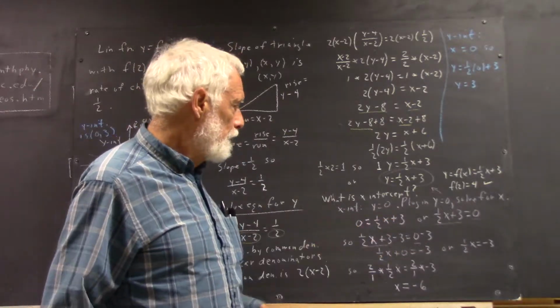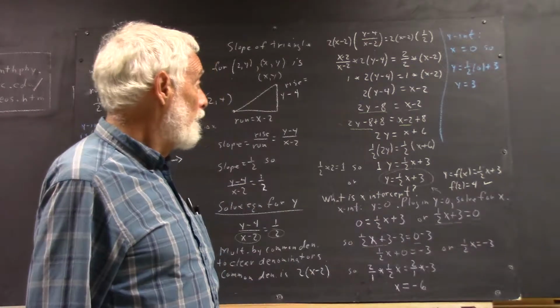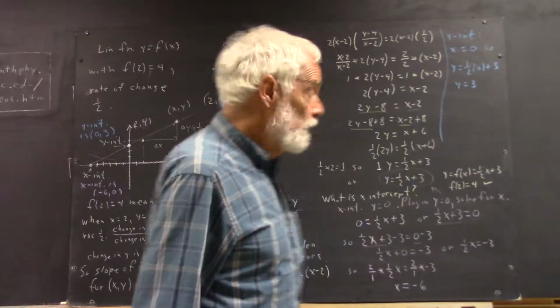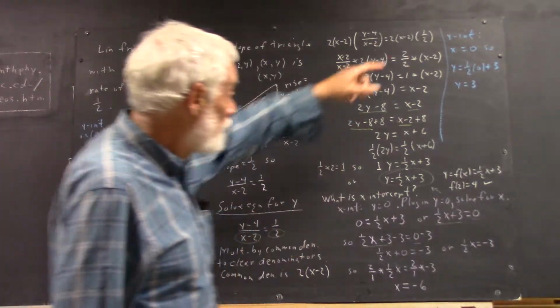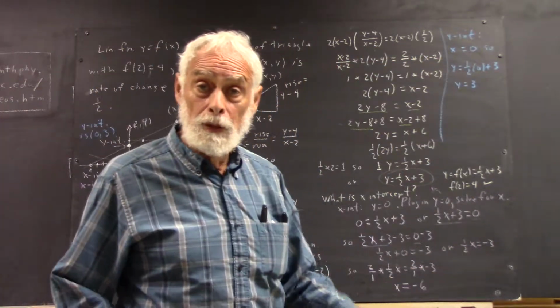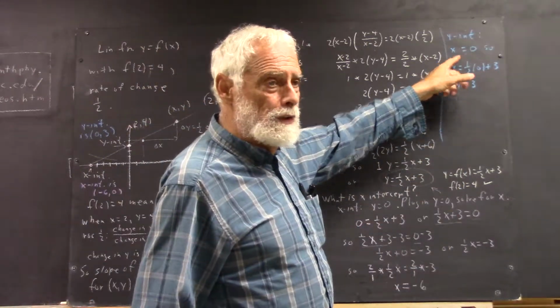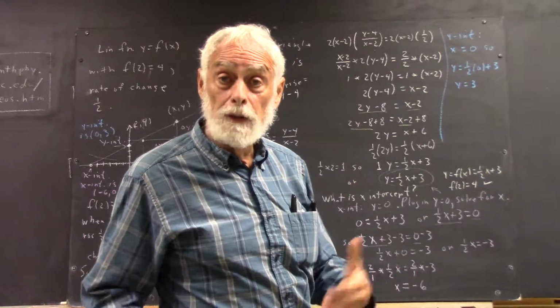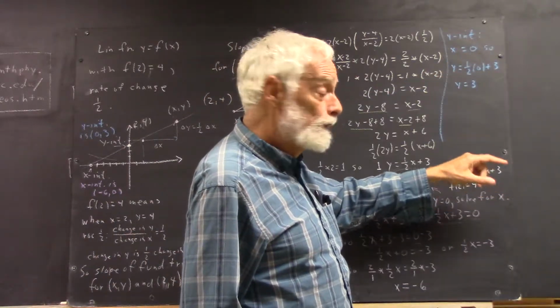So the procedure is, to find the x-intercept, you let y equal 0. And then you observe that the y-intercept occurs on the y-axis, and on the y-axis, x is 0. So the y-intercept occurs when x is 0. We have to lock that idea in. It turns out that for most functions, it's pretty easy to find the y-intercept, because all you do is plug in 0 for x.